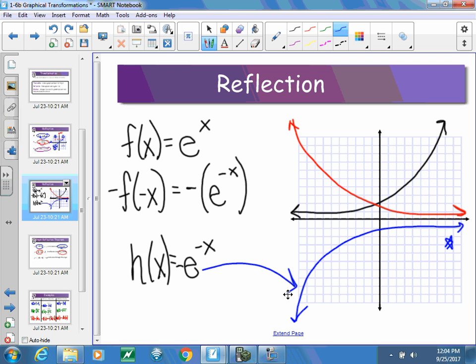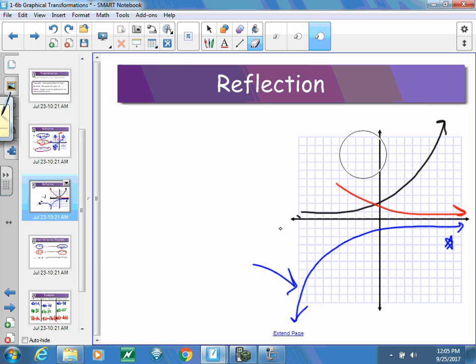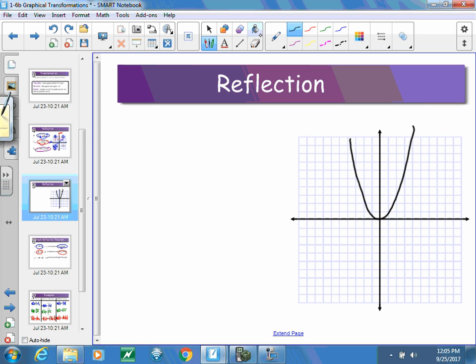All right, so let's combine some reflections with translations now. For example, I'm going to work with a quadratic. So we're going to take f of x is equal to negative of x plus 2 squared.